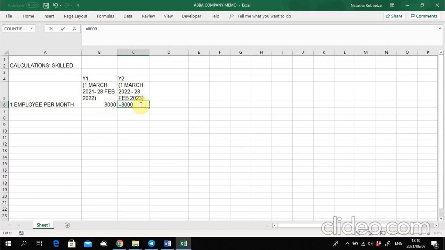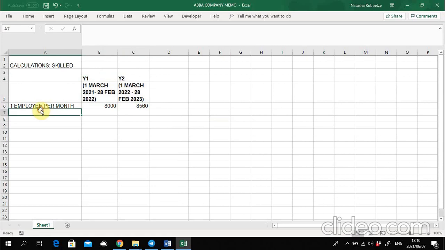So I'm going to take the 8,000 and times it by 1.07. So that gives us 8,560 to accommodate the increase that needs to be paid. Then I need to say for 1 employee, per year. So now I'm going to take whatever I've calculated and times it by 12 because I want an annual amount.